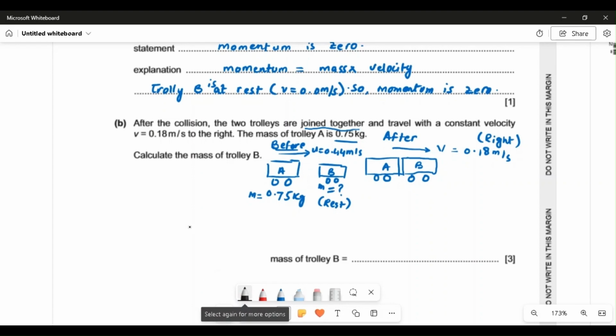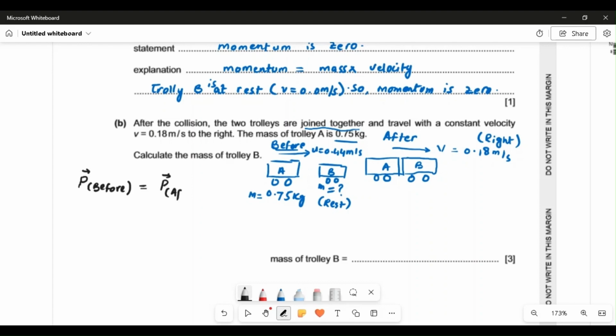According to conservation of momentum, momentum of a system, momentum is denoted by P, before collision is always equal to momentum of a system after collision.